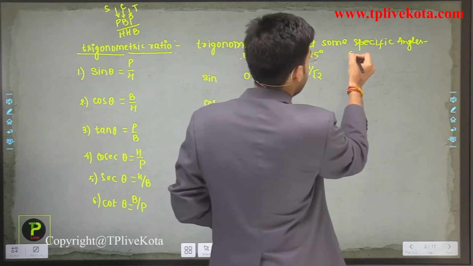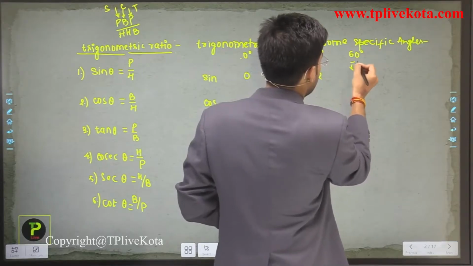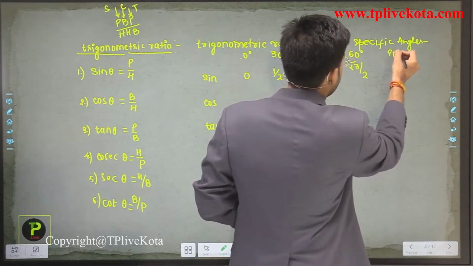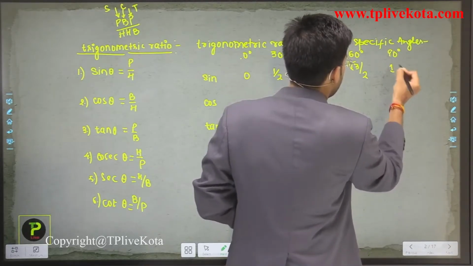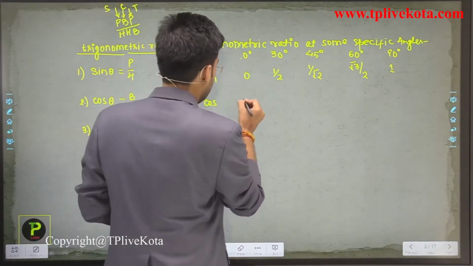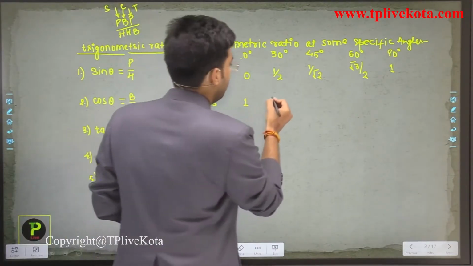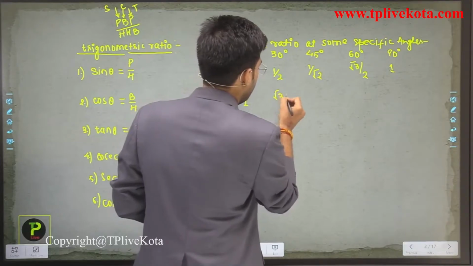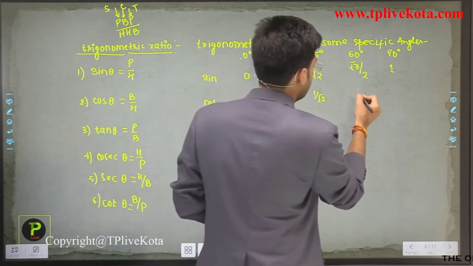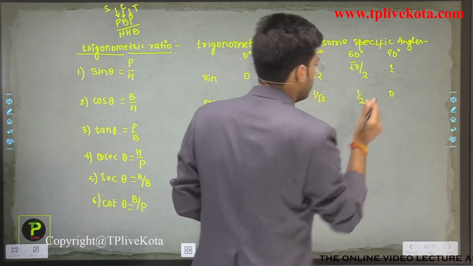And at 60 degree it is root 3 by 2. And at 90 degree it is 1. Okay, now for cos, this is 1, root 3 by 2, 1 divided by root 2, and this is 1 by 2, and this is 0.